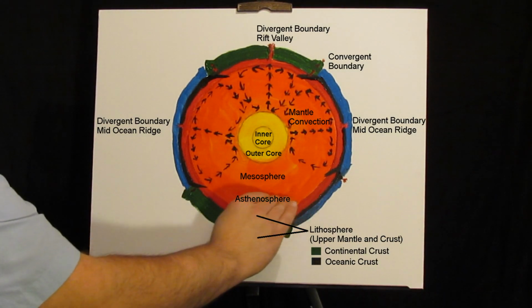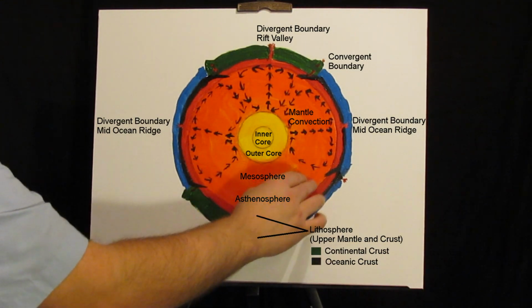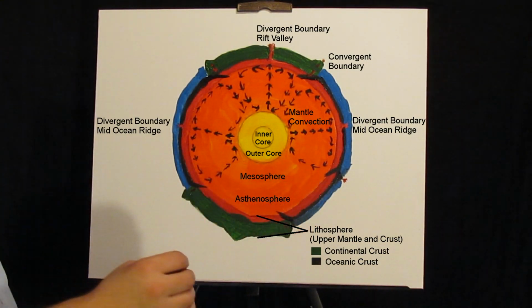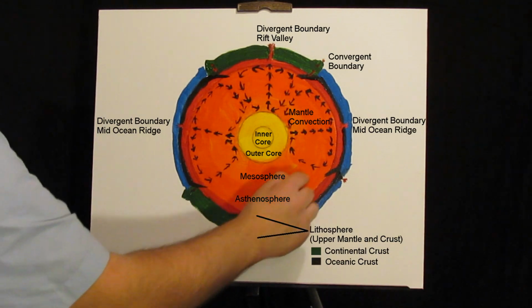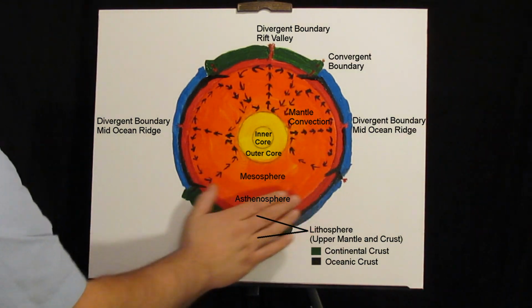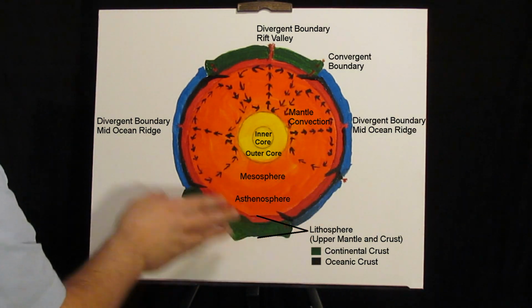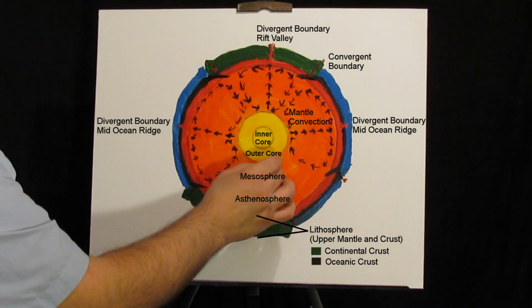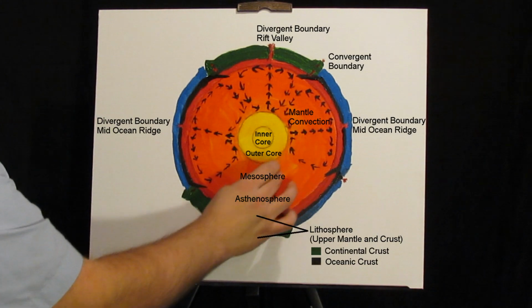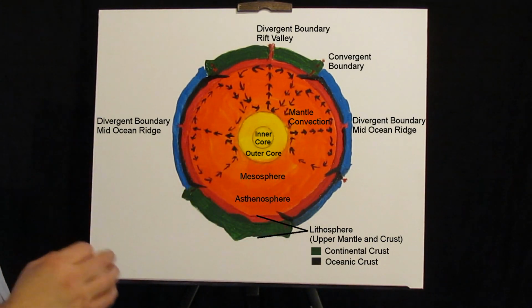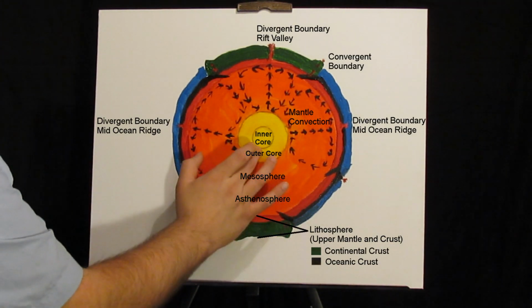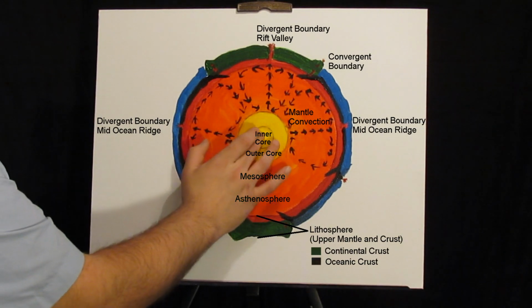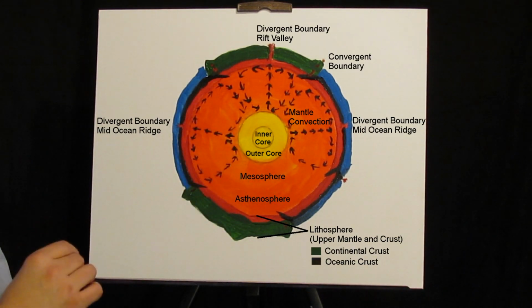Below that, we have the asthenosphere. Kind of think of it as the middle layer of the mantle. The asthenosphere is what the lithosphere rides around on, and it's part of what causes plate tectonics. Below that, we have the lowermost section of the mantle called the mesosphere, and then the liquid outer core and the solid inner core.